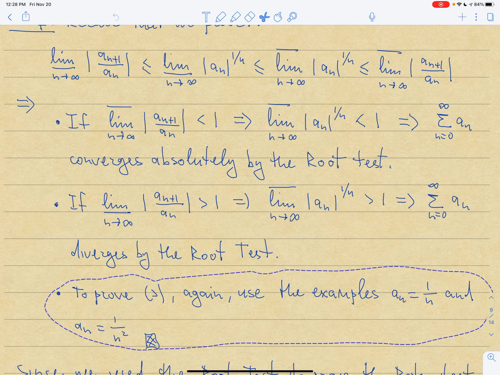And so for both series, we are in case number 3, but the series 1/n diverges while the series of 1/n squared converges. For 1/n squared, you just have to believe me that the series converges, but we're going to shortly demonstrate that this is indeed the case.